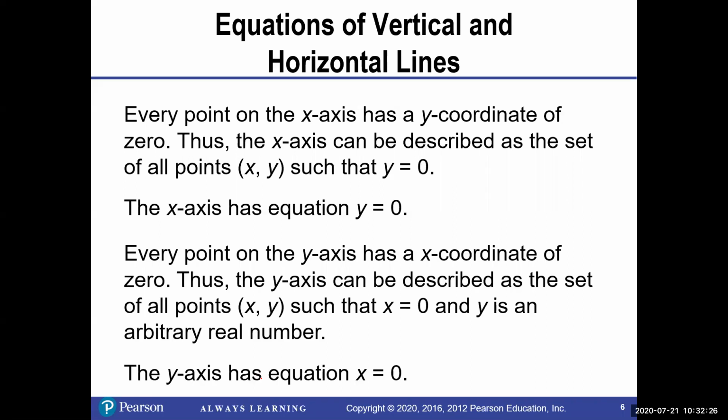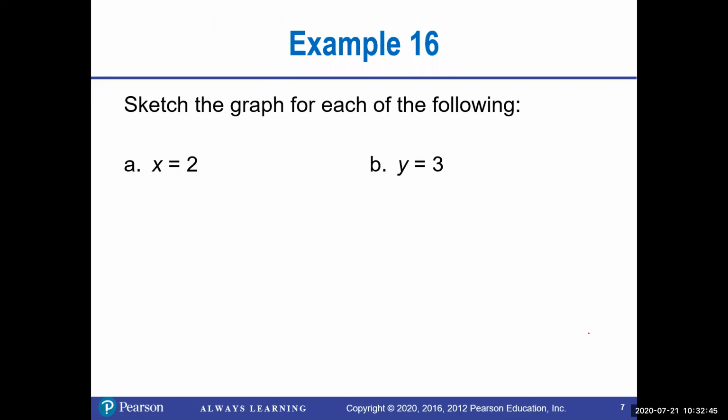The x-intercept is where the line cuts the x-axis, and the y-intercept is where the line cuts the y-axis. So let's look at this. Here we're going to sketch the graph x equal to 2.